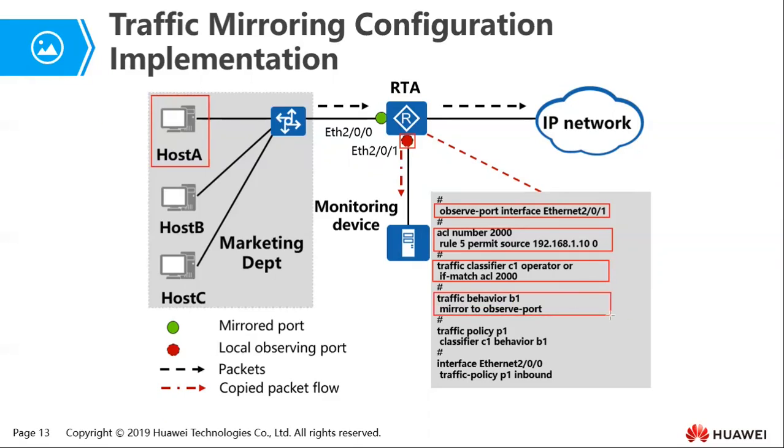If you remember this, we did it when we were doing QoS. So traffic behavior B1, that's the name of this particular traffic behavior. Then we use the command mirror to observe-port. If it matches this classifier, then we want it to mirror packets from this particular source to the observe port.